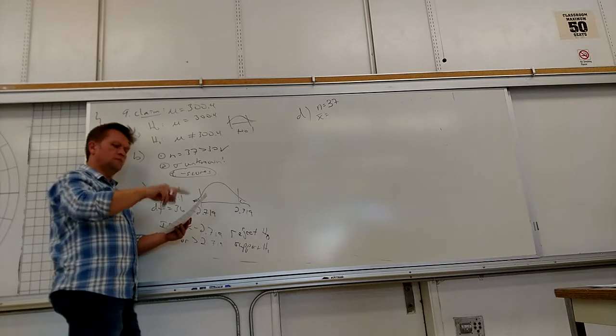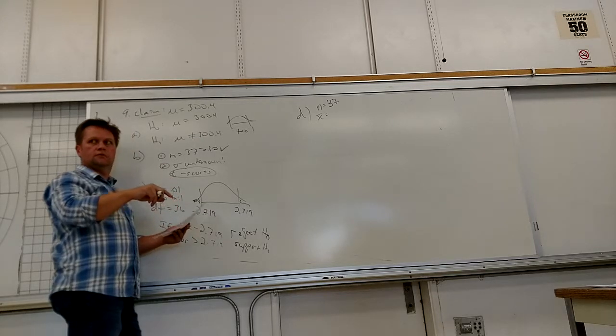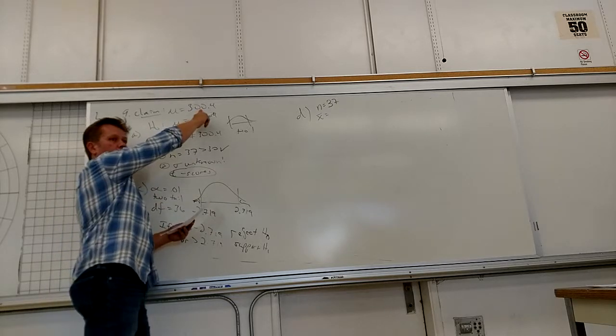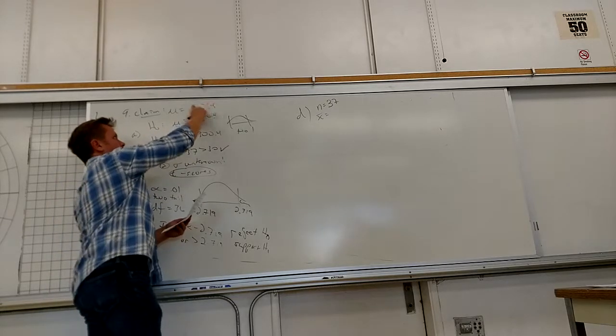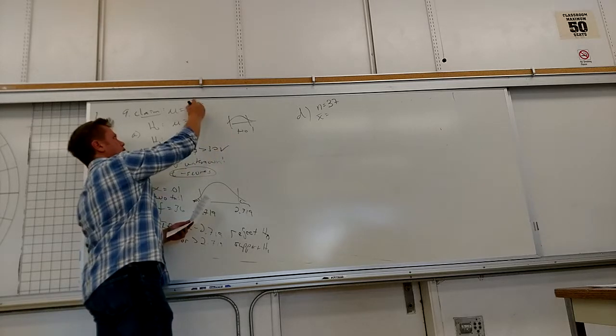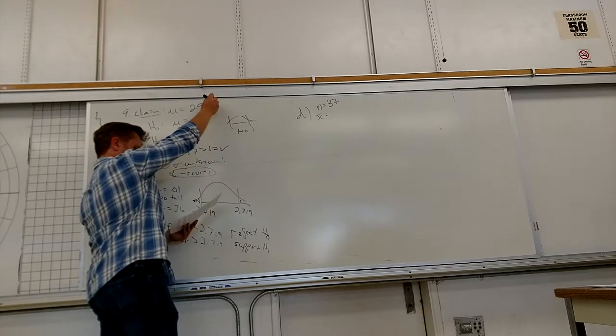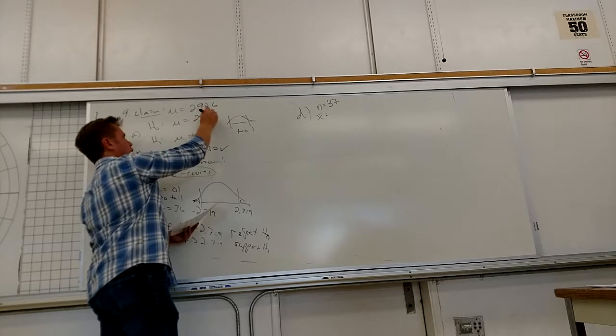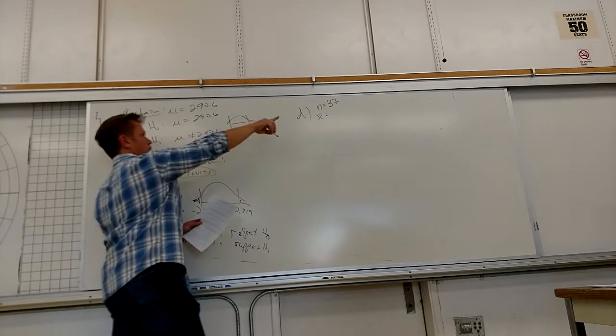What's the women's mean? 290. So this should be 290.6. The 300.4 came from where? This is the mean, but where did it come from? The men's sample. It came from the sample. So it would be X bar.